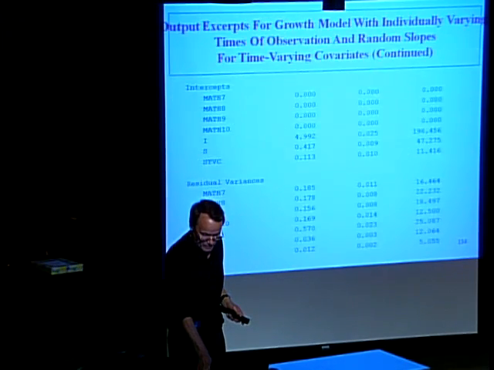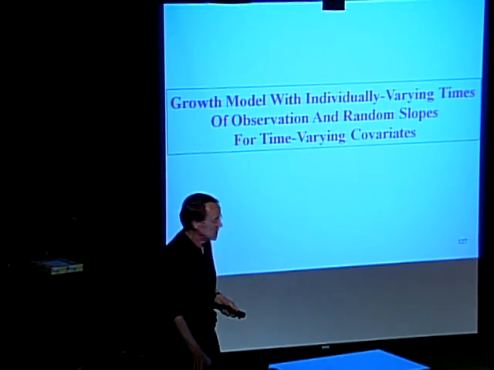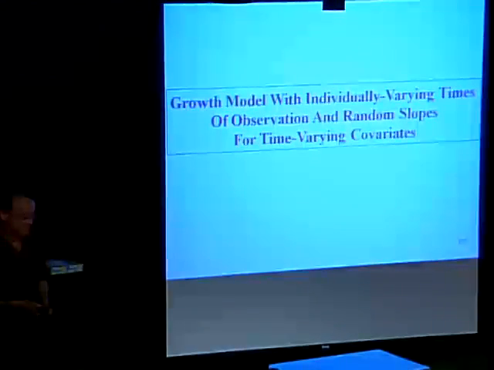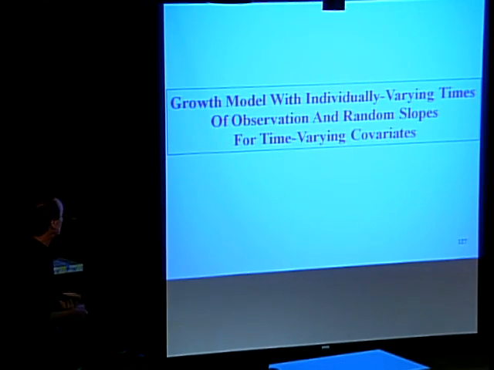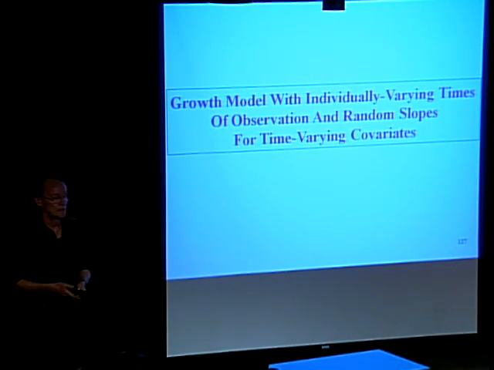So again, going back to slide 127, we illustrated two things at the same time: random slopes for time-varying covariates and individually varying times of observation. They don't have anything to do with each other, but we just wanted to put it into one example. Note further that in this example, the first issue was totally irrelevant because there is no variation in the time score.